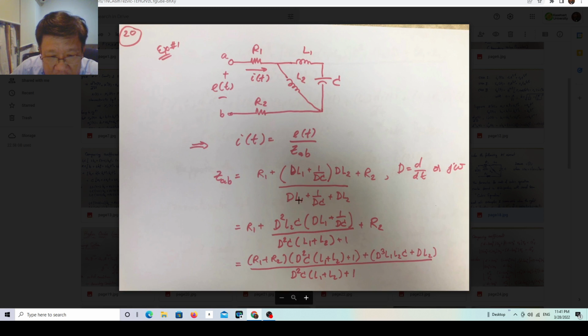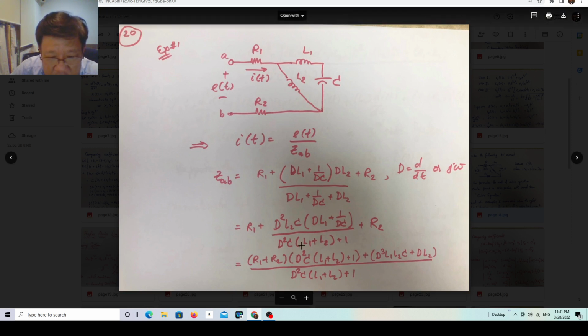But this DL1 plus DL2 you can connect together to become D, with a bracket of L1 plus L2, and then since you have DC multiplying the whole term, D becomes D squared and C. Previously you had only D. So you have D squared C, with a bracket of L1 plus L2, plus 1.